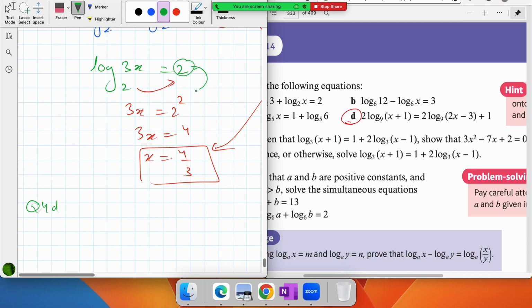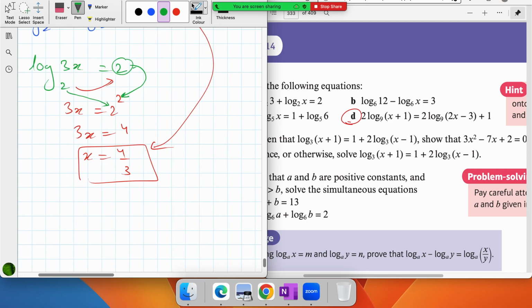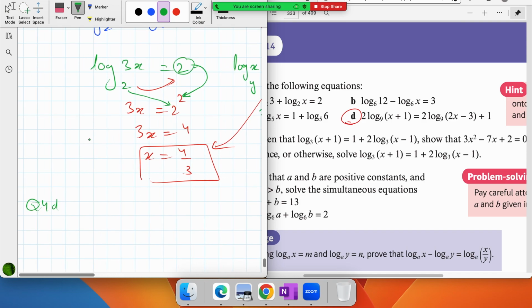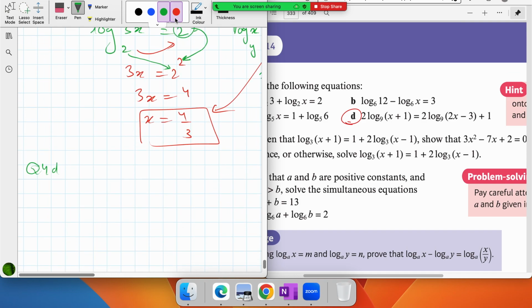This 2 becomes the power and this base stays as the base. For example, if this was log of x to base y is equal to z, this becomes x is equal to y power z. The base is not going in the power.